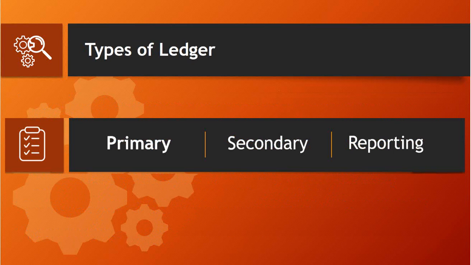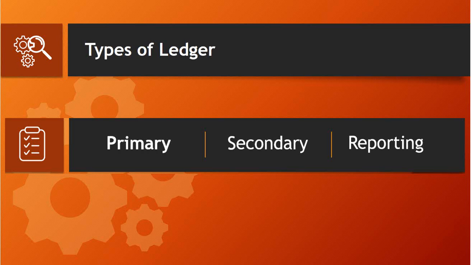Types of ledger. In Oracle, we have the primary ledger, secondary ledger, and the reporting ledger. Each ledger has a specific use and business case in Oracle Fusion.